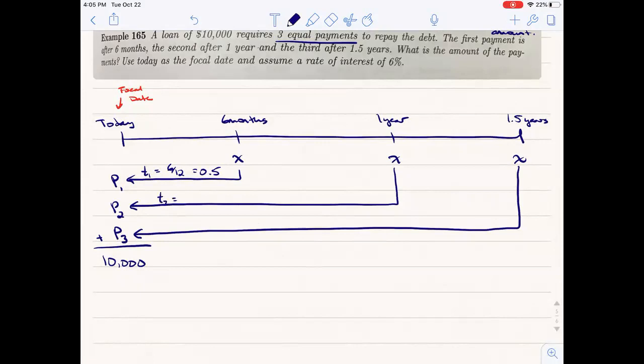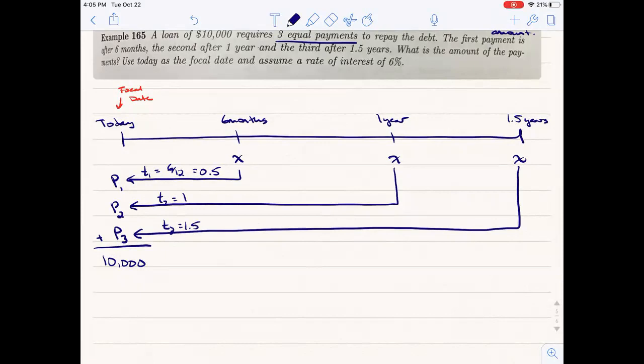T2 is 1 year, and T3 is 1.5 years. Remember, T is always in years, so when we're talking in years, it's really nice. A year from now and 1.5 years from now.